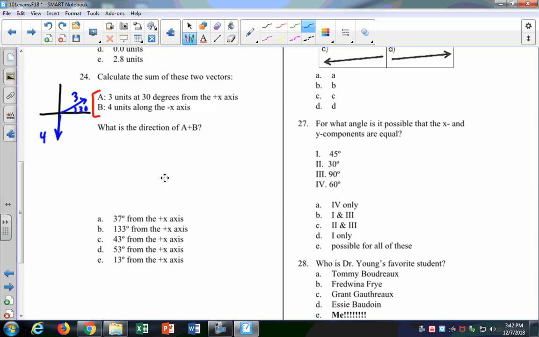Is that right? Oh, no, that wasn't right. Along the negative x-axis. It was in this direction. 4, 3.